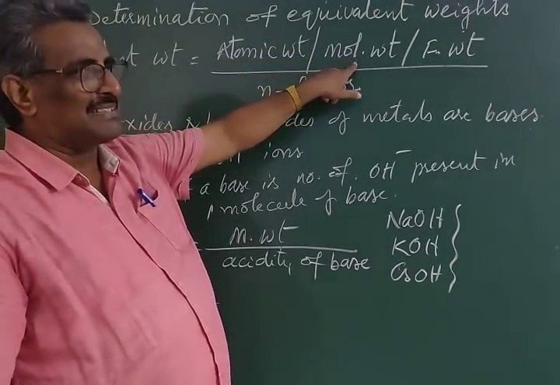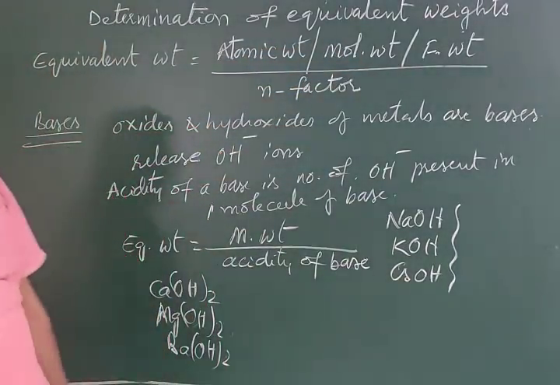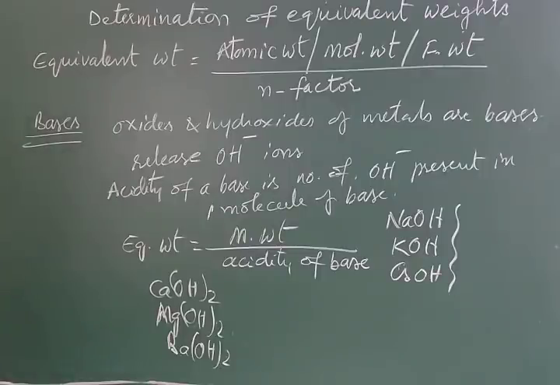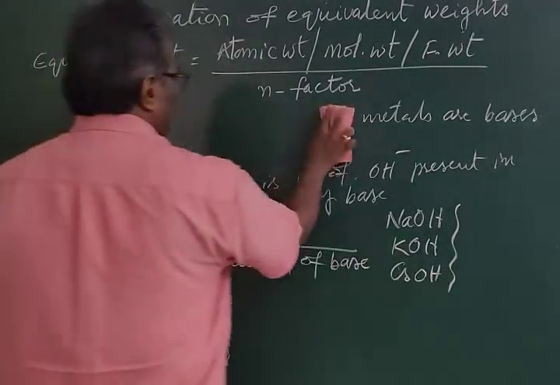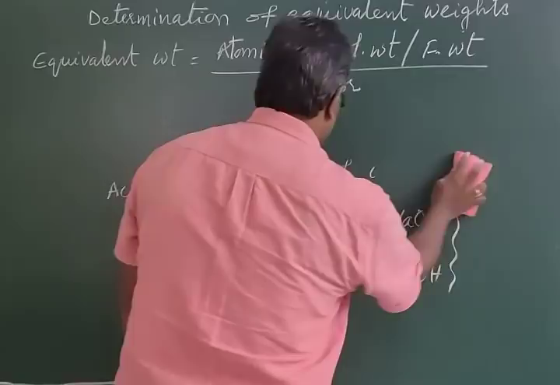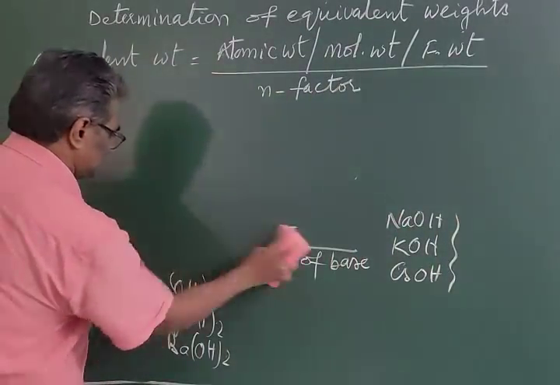In the case of molecular substances like acids and bases, we are taking molecular weight, but N factor is changing depending upon the acidity of the base or basicity of the acid. Okay? Now let us go to salts. How do we find the equivalent weights of salts?